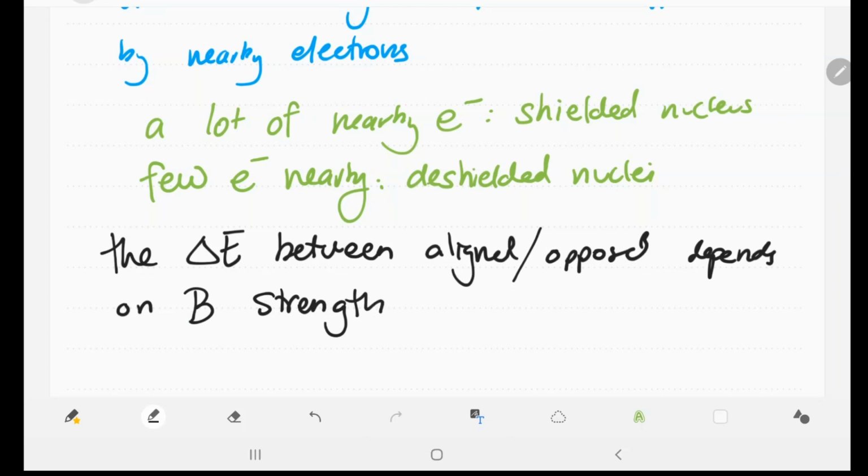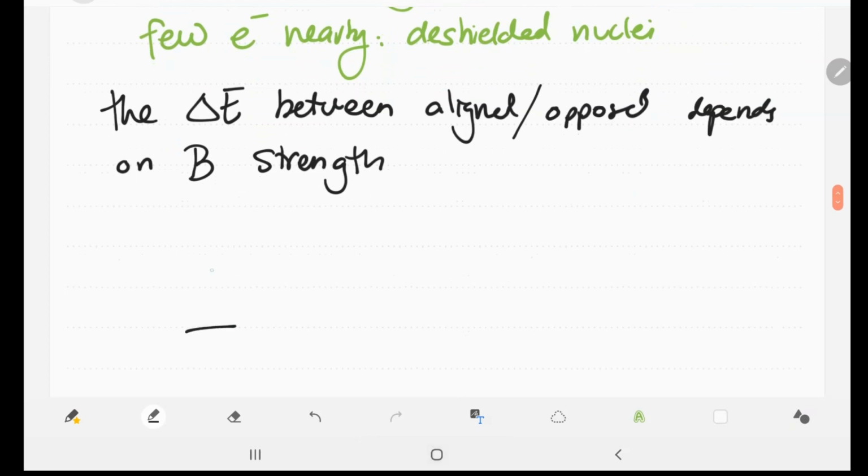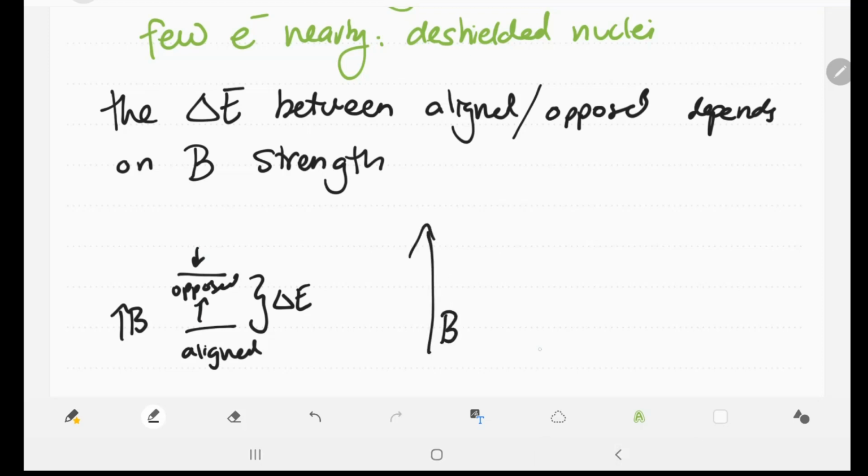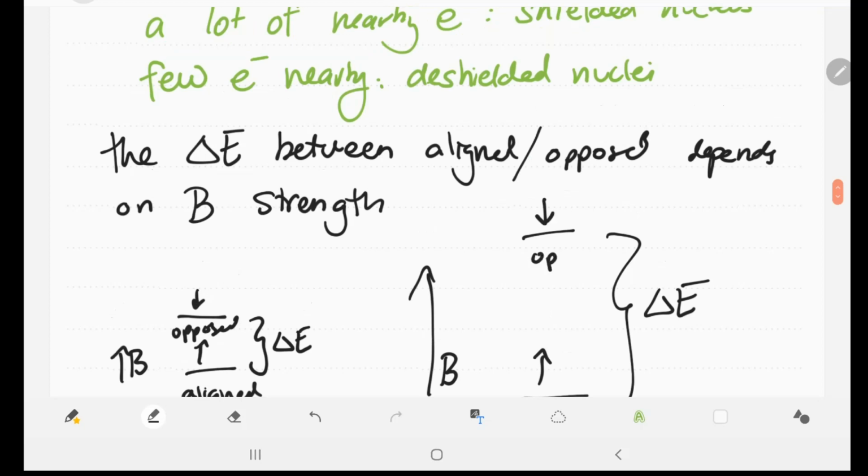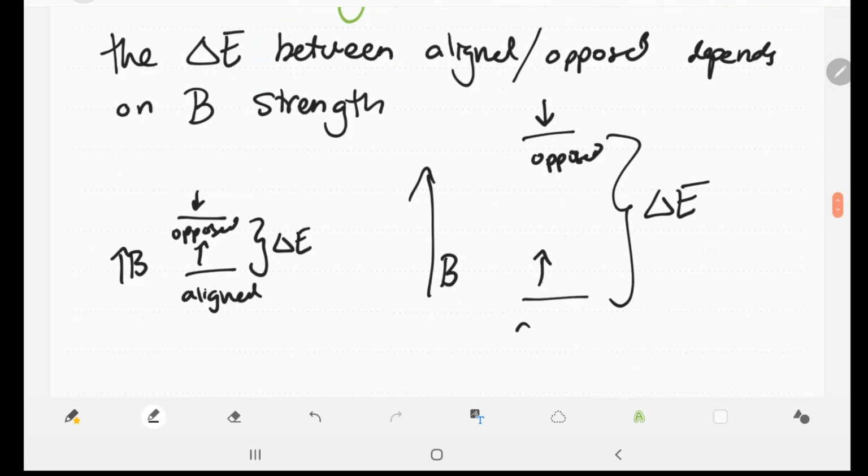So we see that if you have a small magnetic field, you have a particular delta E between your aligned and your opposed, right? And if you have a bigger B, a bigger magnetic field, you have a larger energy difference. And it's proportional. So this all just is proportional to your magnetic fields.